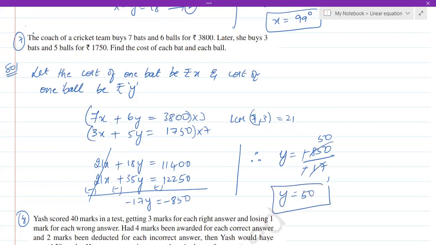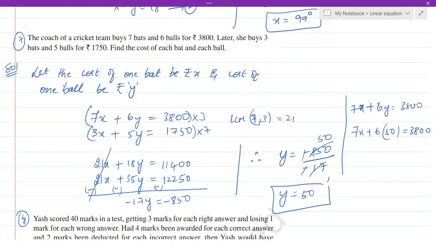Okay, let's find X. We know that 7X plus 6Y is equal to 3,800. So 7X plus 6 into 50 is equal to 3,800.